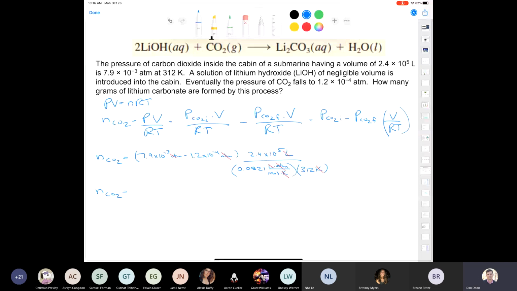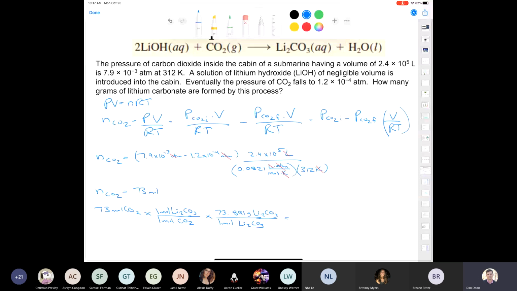Now, we know that if we have 73 moles of CO2, for every 1 mole of CO2 that gets consumed, we produce 1 mole of lithium carbonate, Li2CO3. And I've gone ahead and calculated the molar mass of lithium carbonate. In 1 mole of lithium carbonate, I end up with 73.891 grams of lithium carbonate.